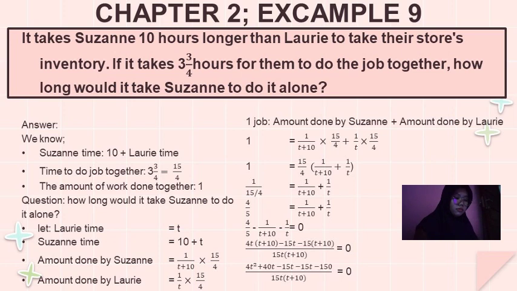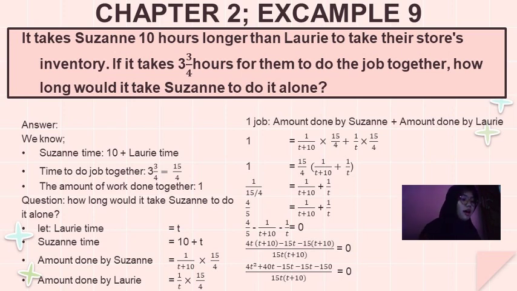Answer: we know Susanna's time is 10 plus Laurie's time. Time to do the job together, 3 and 3/4 equals 15/4. The amount of work done together is one job. The question: how long would it take Susanna to do it alone?